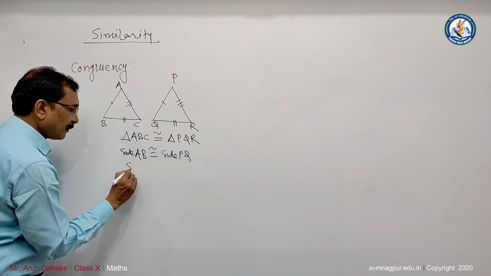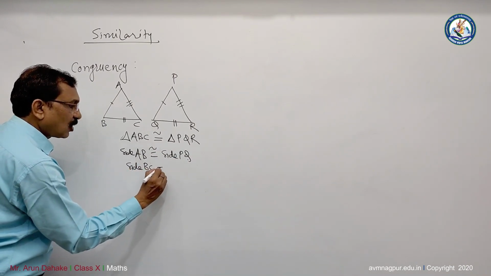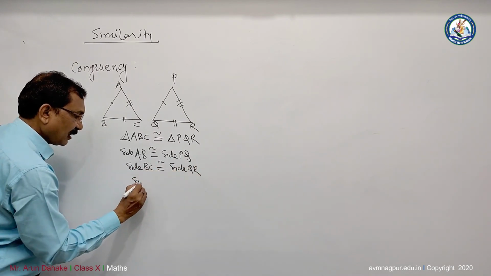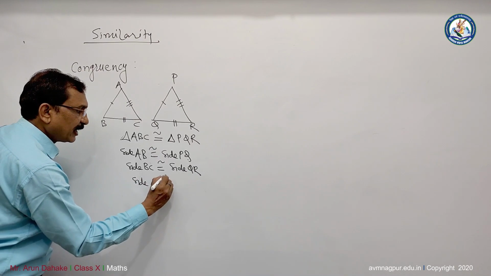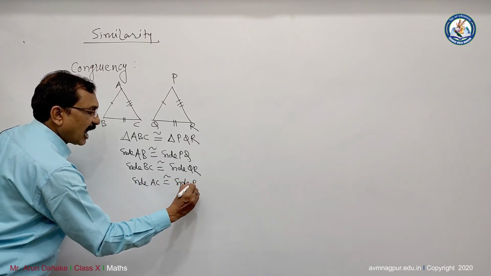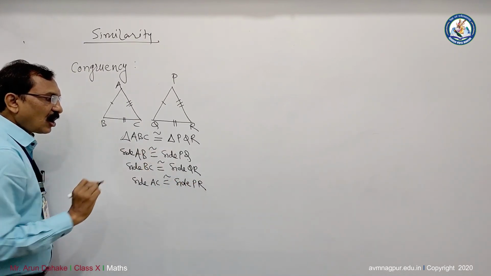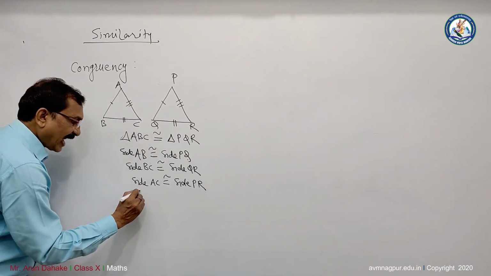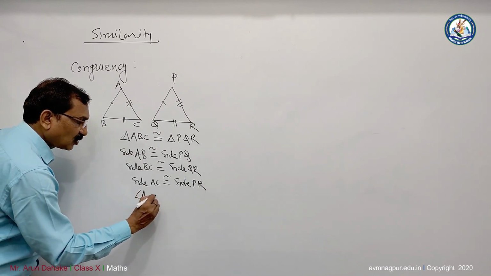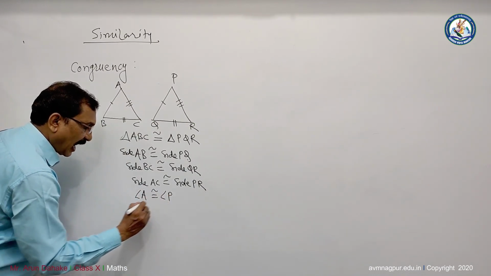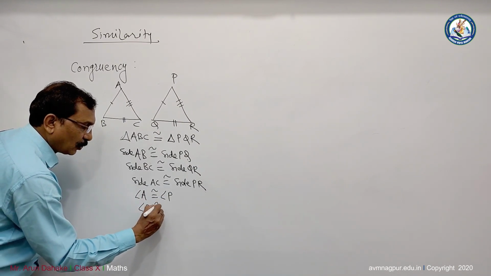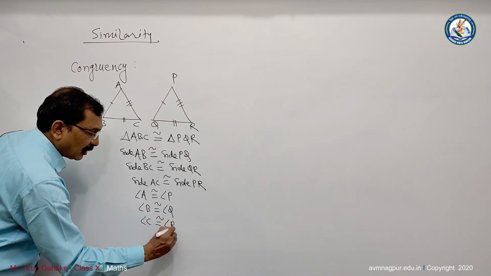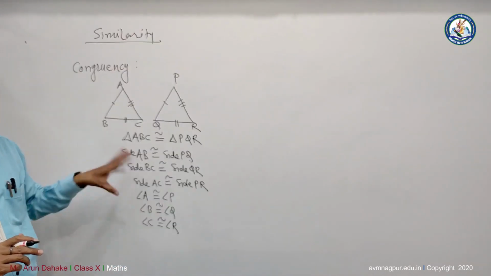Like this, side BC is congruent to side QR and side AC is congruent to side PR. These are called the congruent sides of the congruent triangles. Like this, the angles are also congruent. Angle A is congruent to angle P, angle B is congruent to angle Q, and angle C is congruent to angle R. This is the definition of congruency.